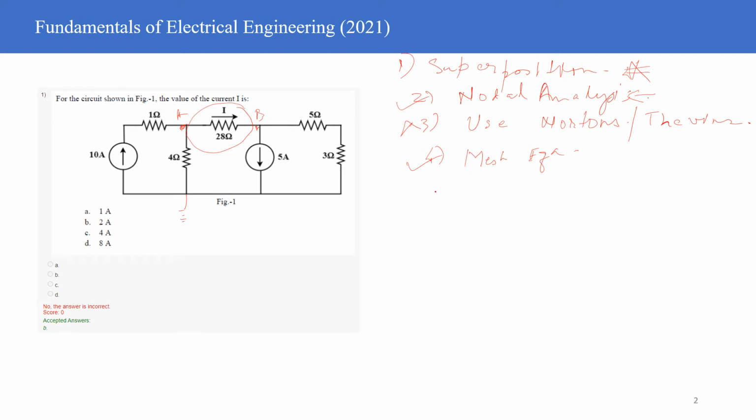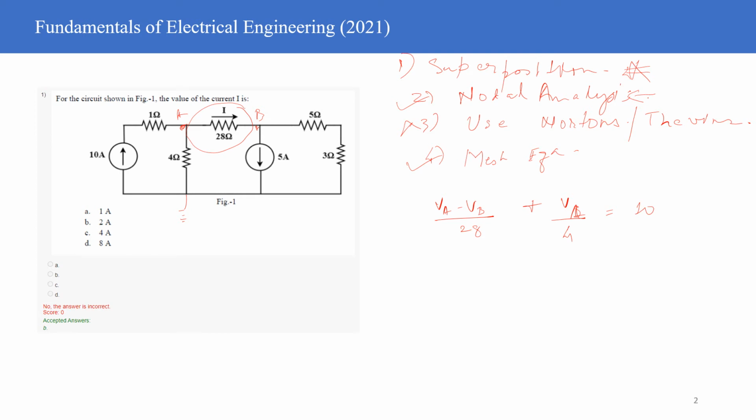So this will be (VA minus VB) by 28 plus VA by 4 is equal to 10, right?